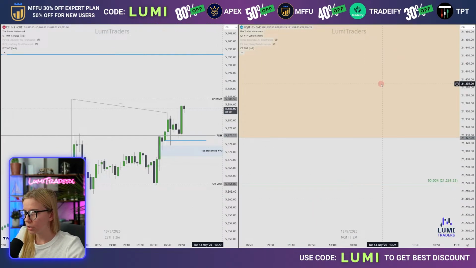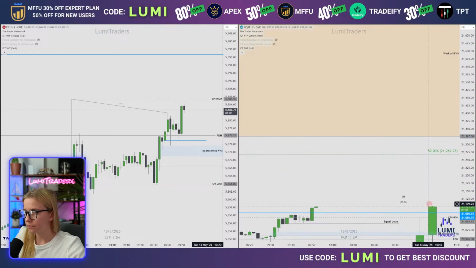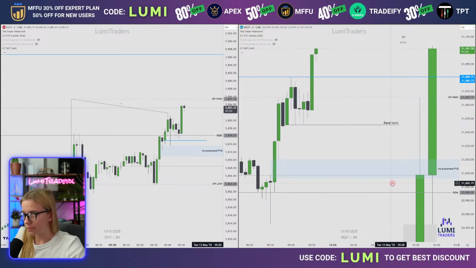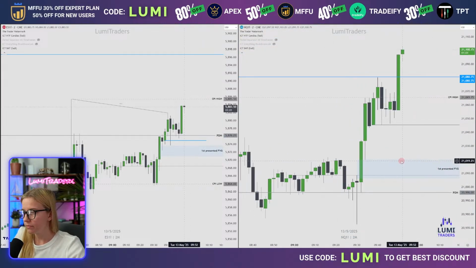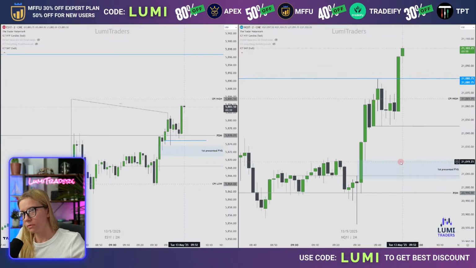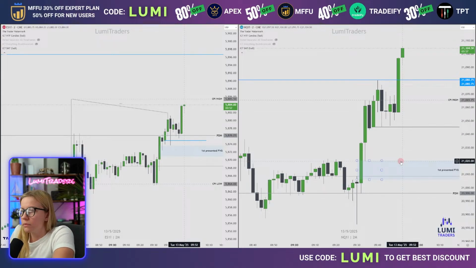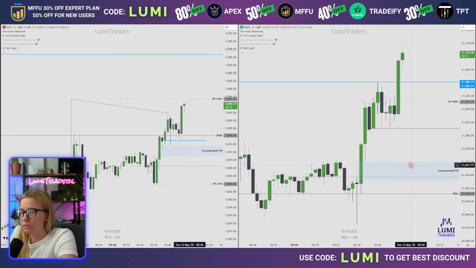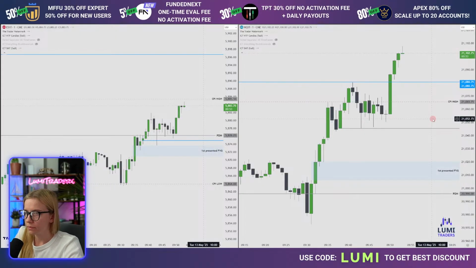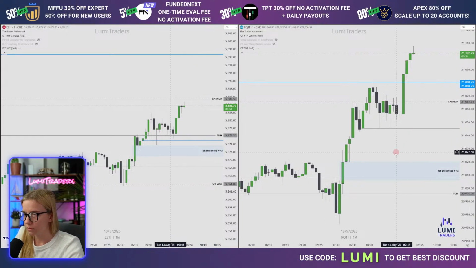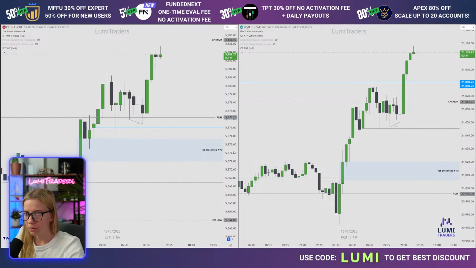This orange box on my chart is the weekly fair value gap. Untapped fair value gap. Should take this. Should take this.